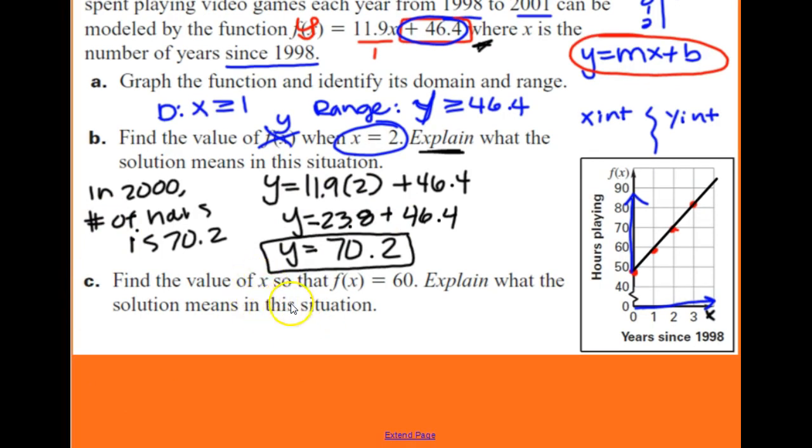Now it says find x. We want to know how many years it is when y is 60, or when the number of hours we play video games is 60. So let's plug in y is 60, and then the rest of the equation, 11.9x plus 46.4. Same equation from up here.